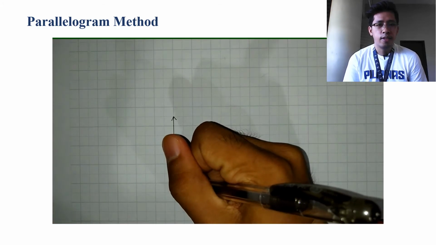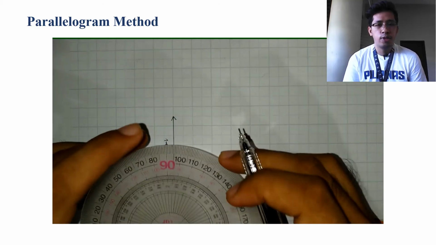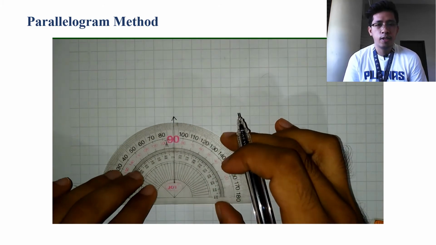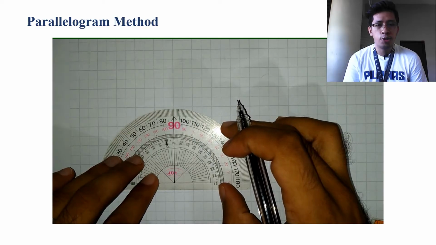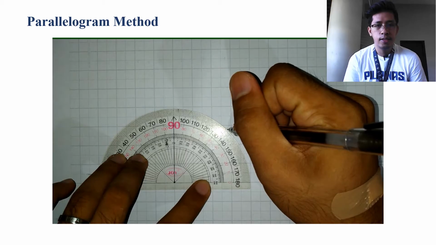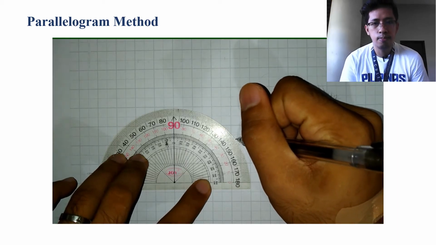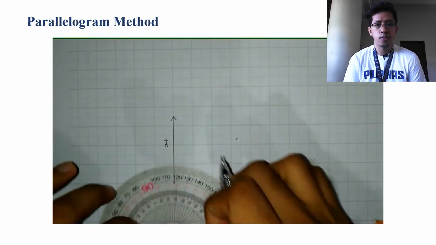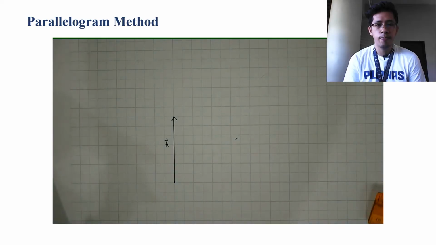So we will use that one as our origin. So from that, we are going to measure 35 degrees north of east. So that is at 35 degrees.